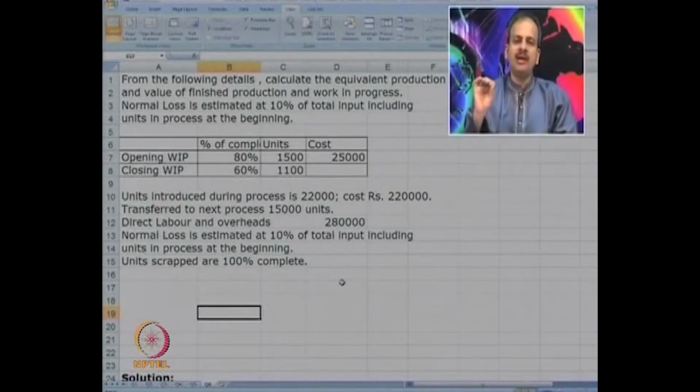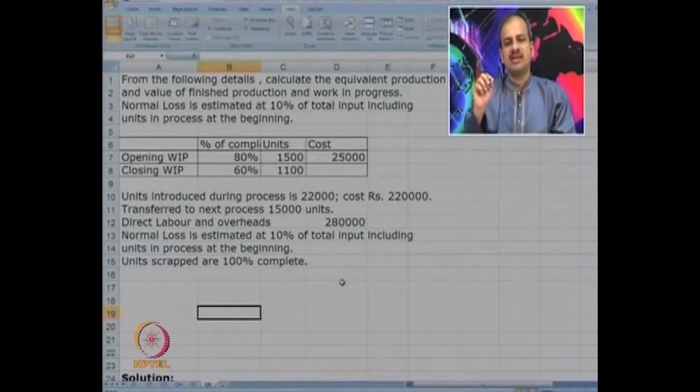Opening WIP percentage completion is given to be 80%, 1500 units, and the cost is 25,000. Closing WIP, the percentage completion is 60% and the number of units are 1100. Units introduced during the process is 22,000 at a cost of 2,20,000. That is, you can see, around 10 rupees per unit.